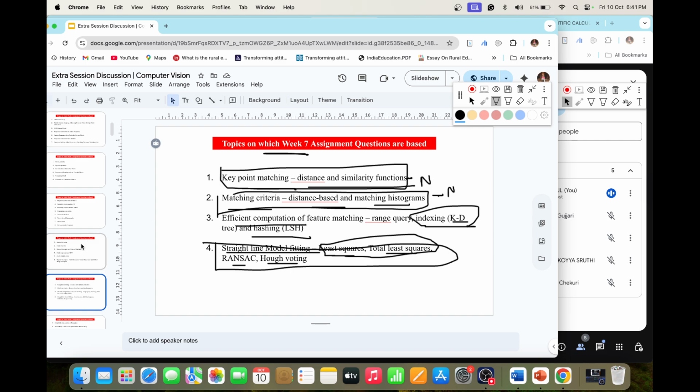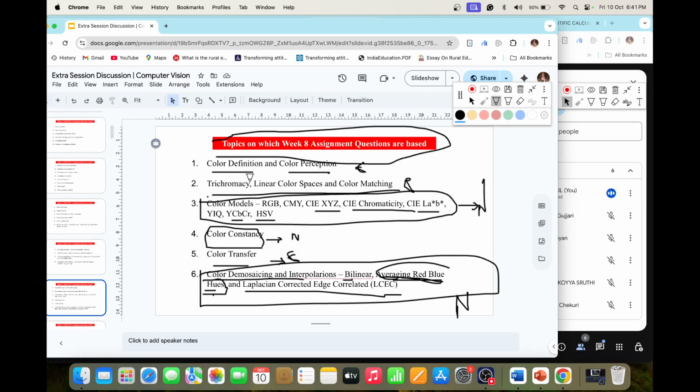Week 7 is again a bit of continuation of week 6, but it is more related to different matching criteria, and more formulas are there. Also this part is new, that is line fitting, straight line fitting: least squares and total least squares, RANSAC and Hough transform. So this is important.